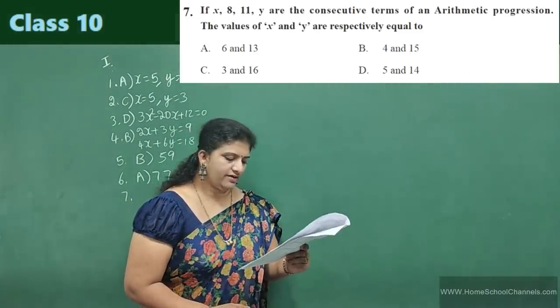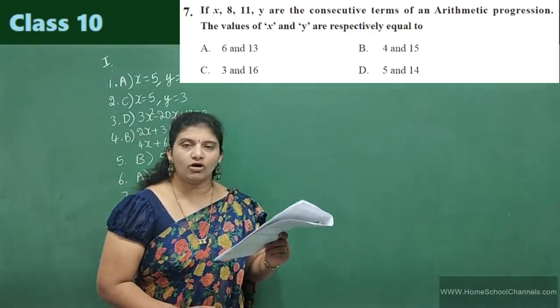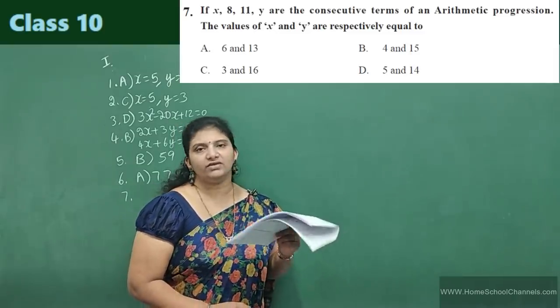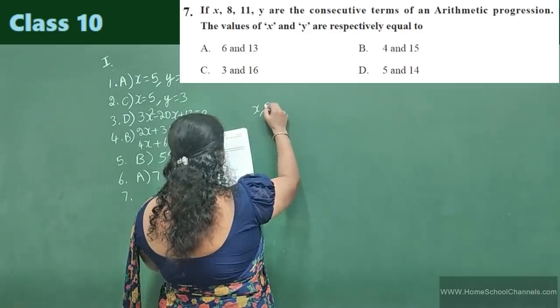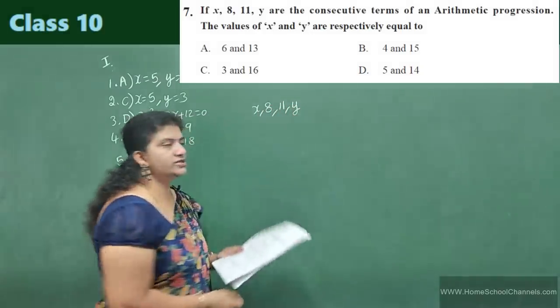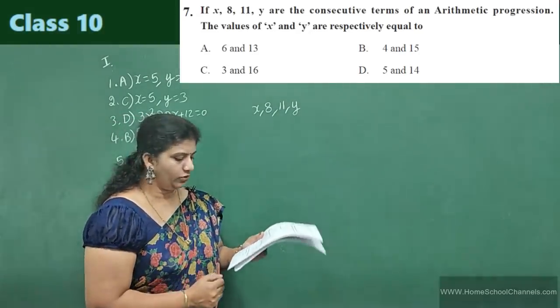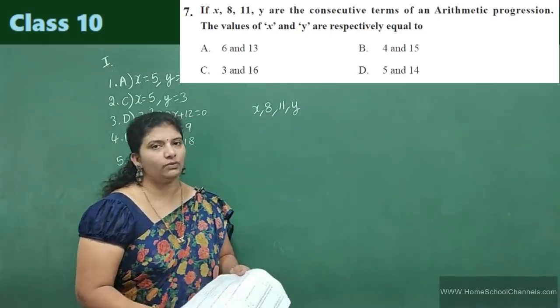Seventh one. If x, 8, 11, y are the consecutive terms of an arithmetic progression, the values of x and y are respectively equal to.